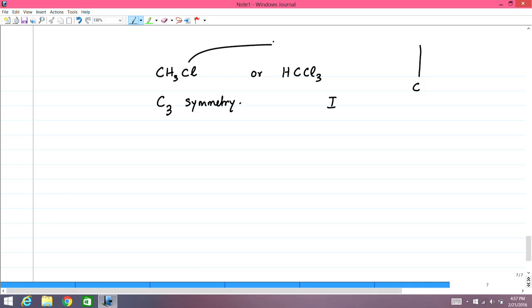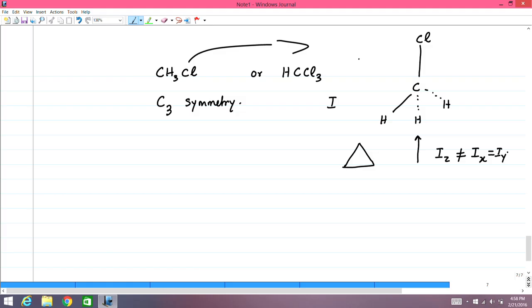Let us take CH3Cl. So, we have the C-Cl bond axis, and then we have the 3 hydrogen atoms which form an equilateral triangle plane. Such molecules have the moment of inertia about the z axis, Iz, different from the moment of inertia about the x axis, which is equal to the moment of inertia about the y axis.